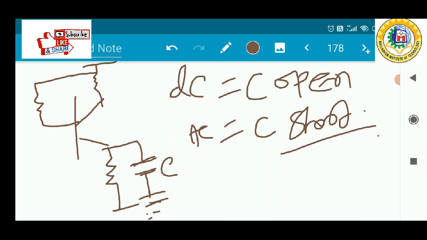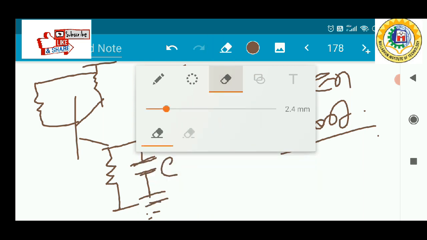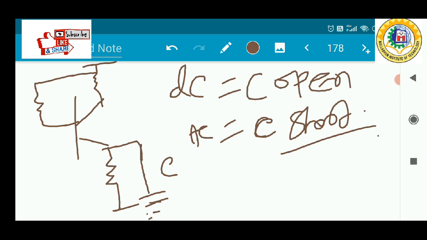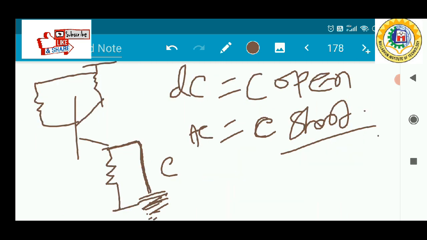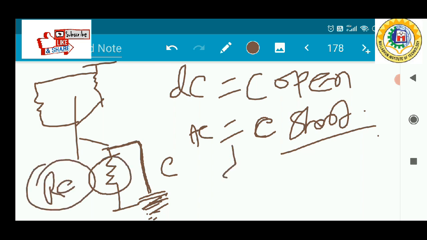Now in the case of AC, as the capacitor acts like a short circuit, this emitter resistance will have no effect on the circuit because all of the current will be bypassed through the capacitor. So the problem that was arising here will be eliminated when you consider the AC equivalent, because the RE resistance actually vanishes: RE is connected with a short circuit path, so all of the current will pass through this short circuit path.